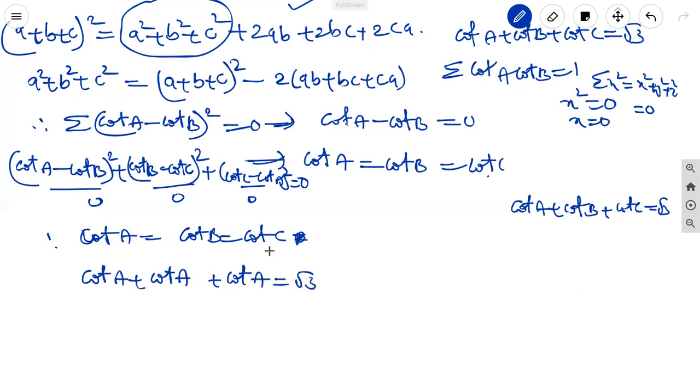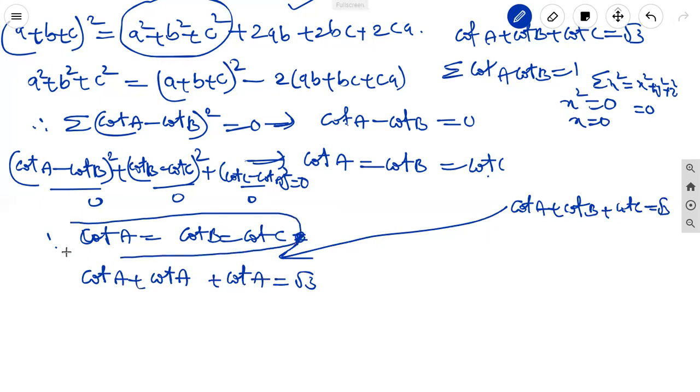Why? Because cot A plus cot B plus cot C equal to root 3, and in the place of cot B and cot C we can take cot A. Then 3 cot A is equal to root 3. From this, cot A equal to root 3 by 3. Sorry, 1 by root 3.